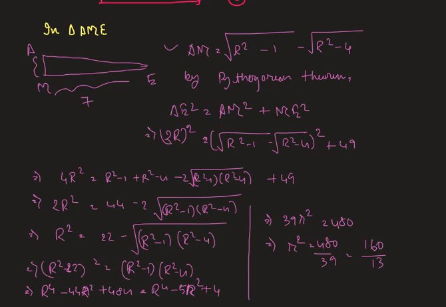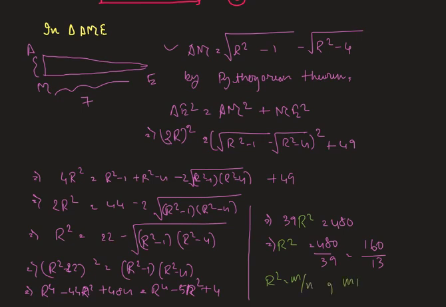So as we can see, the square of the radius of the sphere given by the question is r square, and the value of r square given by the question is m by n.